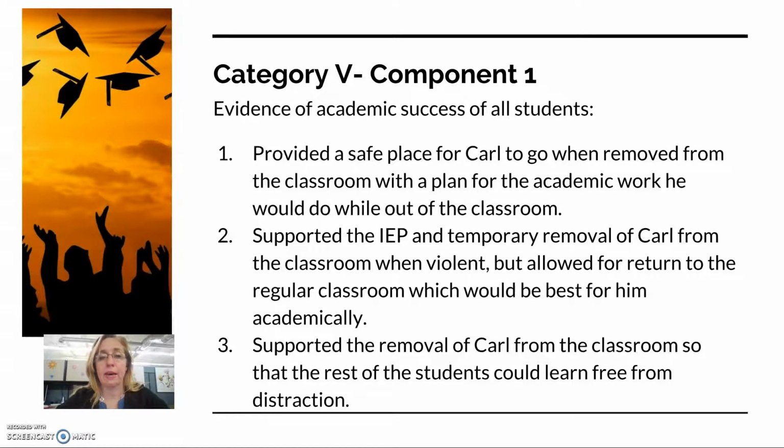I think it also allowed Carl to be able to leave and hopefully regroup much more quickly and come back so that he's in the classroom and he's not missing as much. And then finally, I think that moving Carl from the classroom and supporting that, trying to problem solve that, was best for the rest of the students as well, so they're able to get back to learning as quickly as possible.